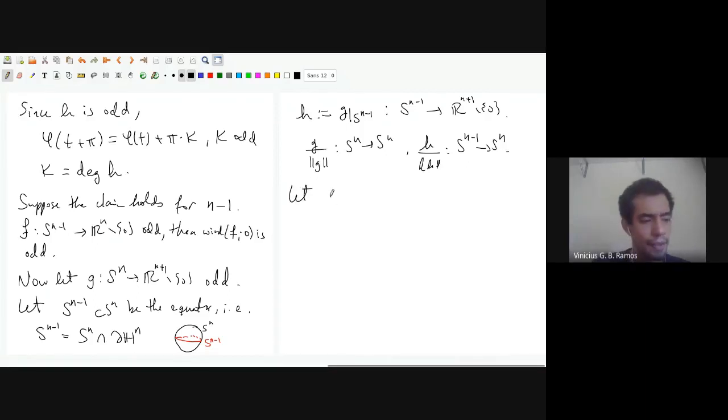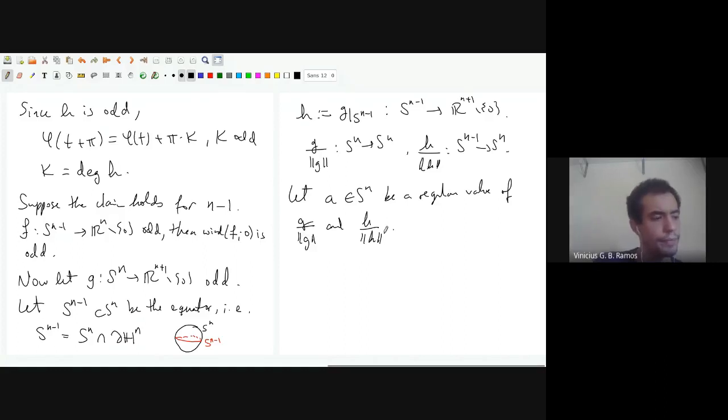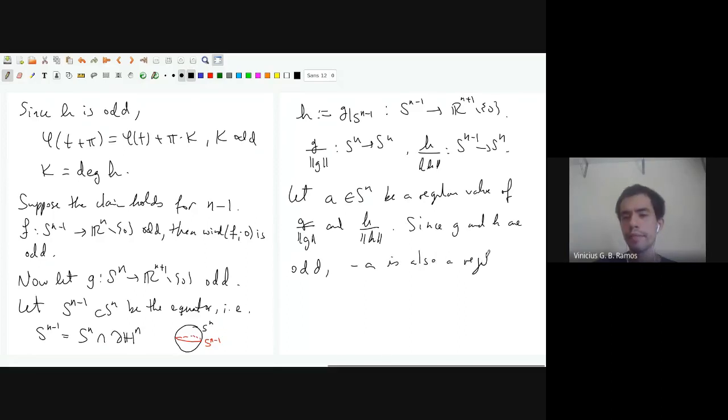So let A be a point in S^n, a regular value of both G over norm of G and H over norm of H. Because G and H are odd, minus A is also a regular value of both.